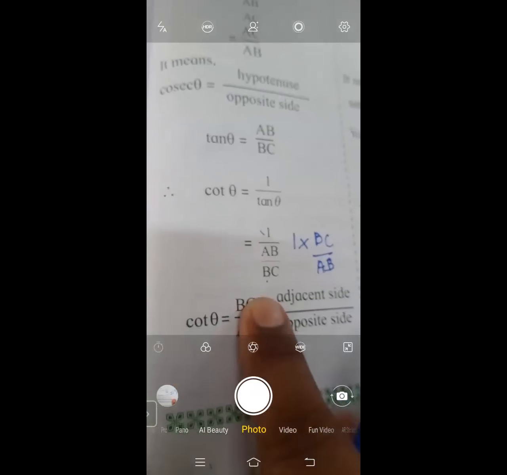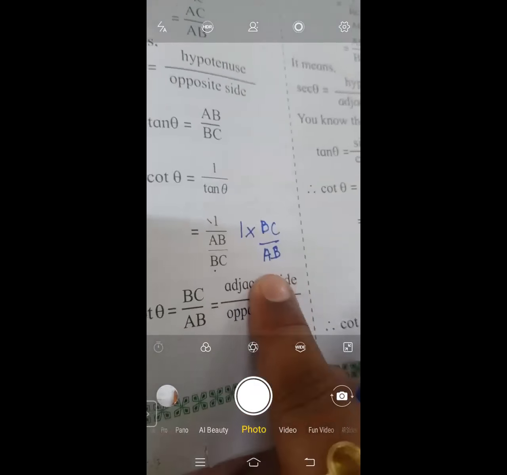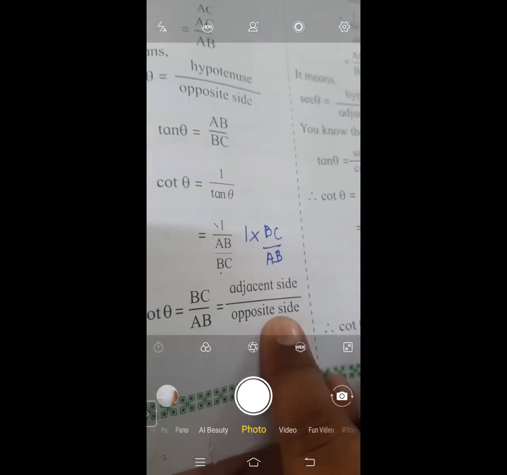So cot theta is equal to BC upon AB. Now, BC is the adjacent side and AB is the opposite side. So it is adjacent side upon opposite side.